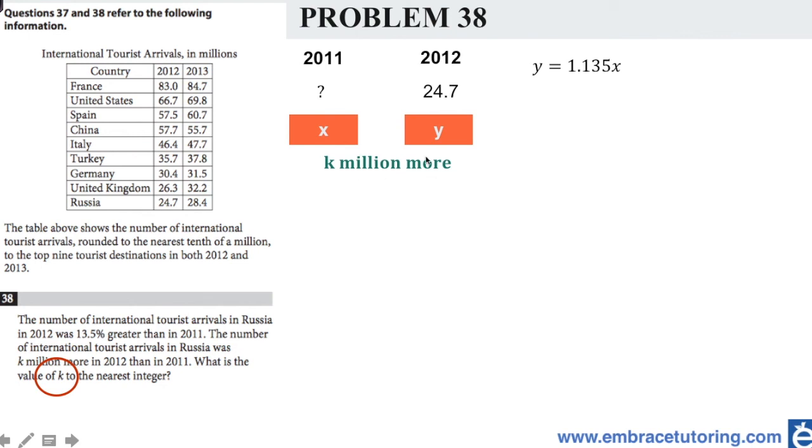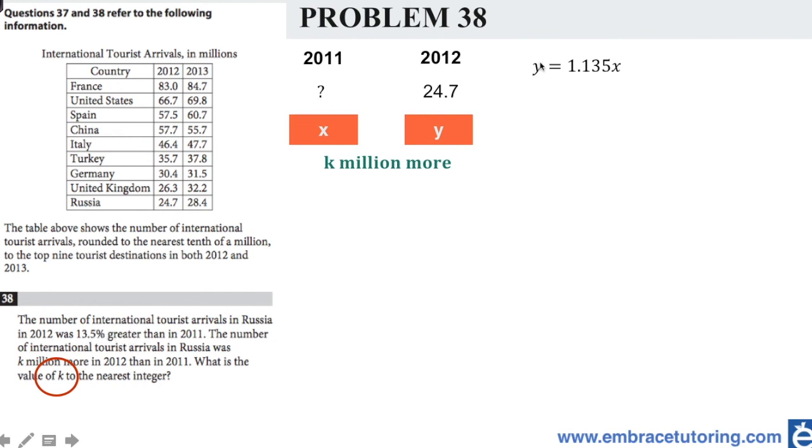And then I can take the difference overall, because it says what is the value of K to the nearest integer, knowing this is an actual number, right? So Y, which is my 2012 value, is going to equal 1.135x. The 0.135 is coming from the 13.5% greater than.